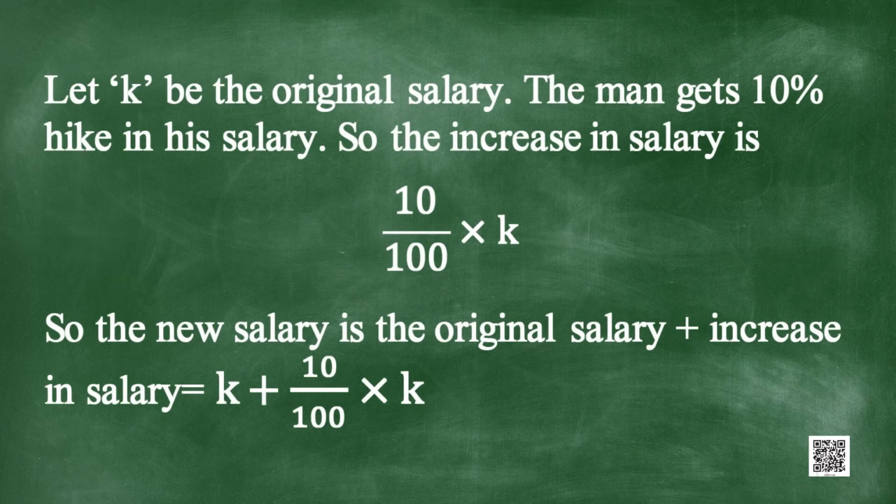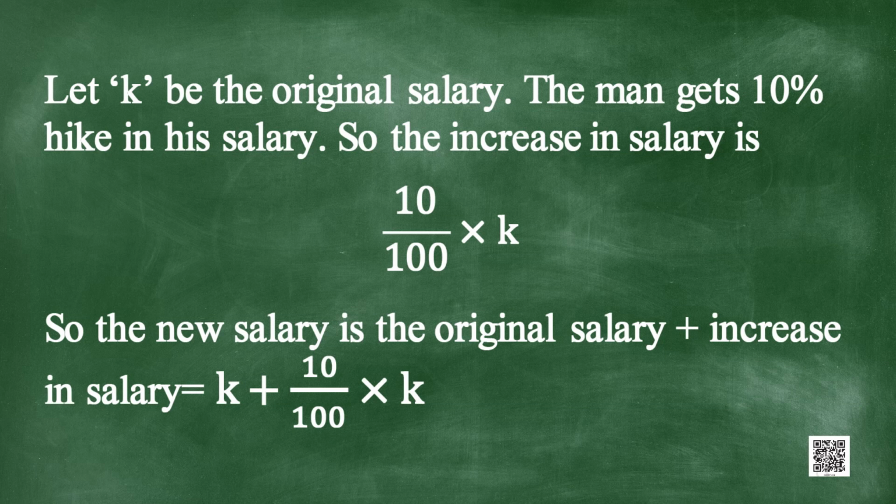If we take k to be his original salary, the man gets a 10% hike in his salary. So, the increase in salary is 10 by 100 of k, that is 10 by 100 multiplied with k. So, the new salary is the original salary plus increase in salary, which is equal to k plus 10 by 100 times k.